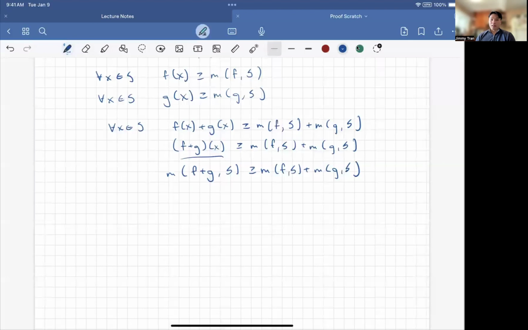So that's why we can assert that the infimum of f plus g over S is greater than or equal to the sum on the right-hand side here. And so that completes the first setup for this inequality.